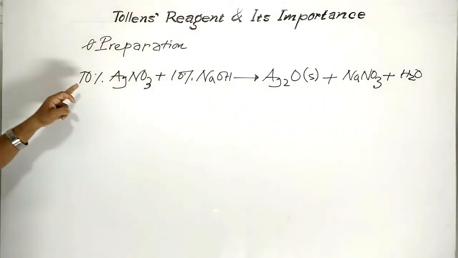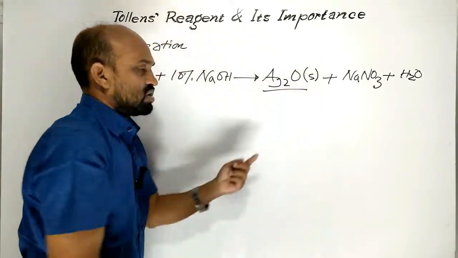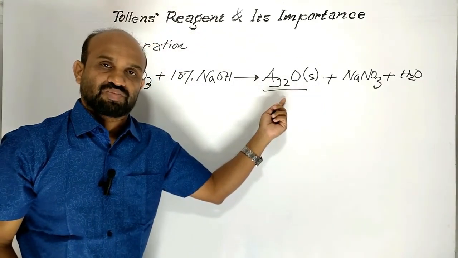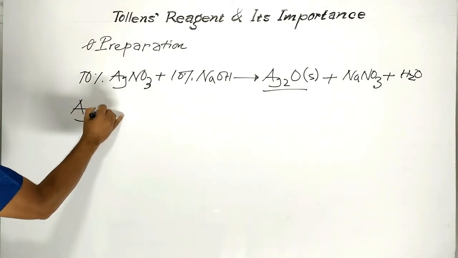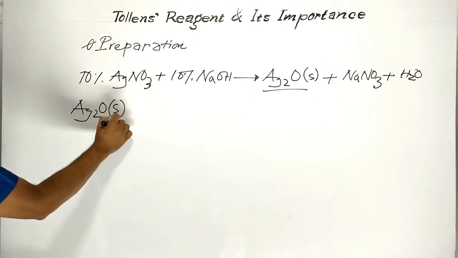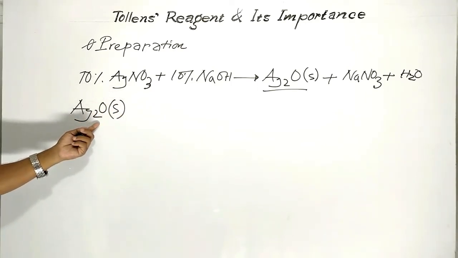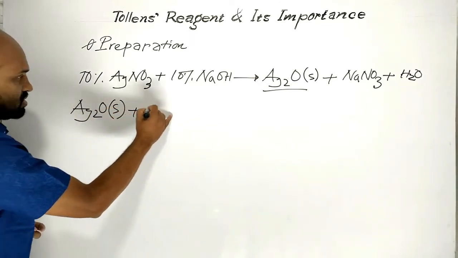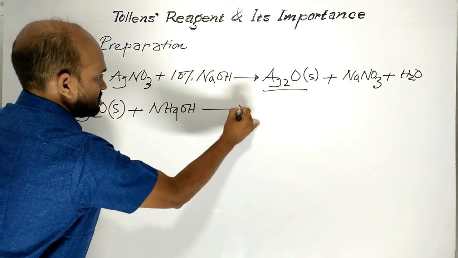So, from the first reaction, a precipitate of silver oxide is obtained. In this solution, in which silver oxide deposits as a light brown precipitate, excess ammonium hydroxide is added.